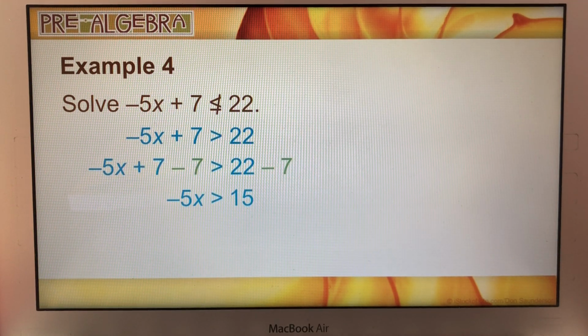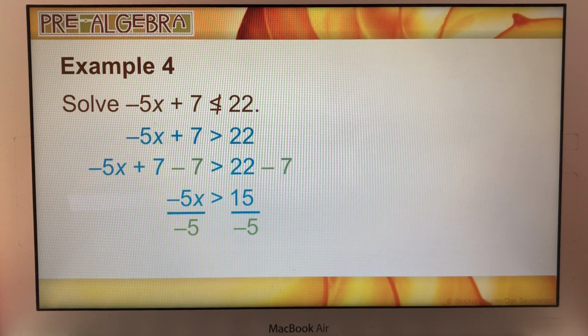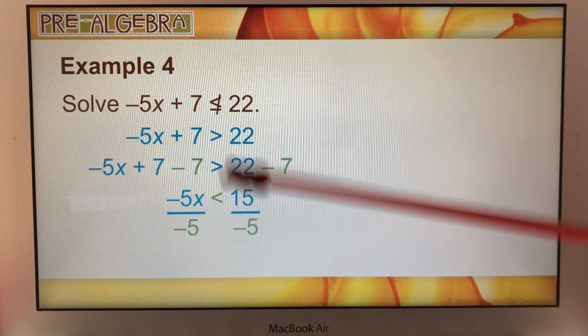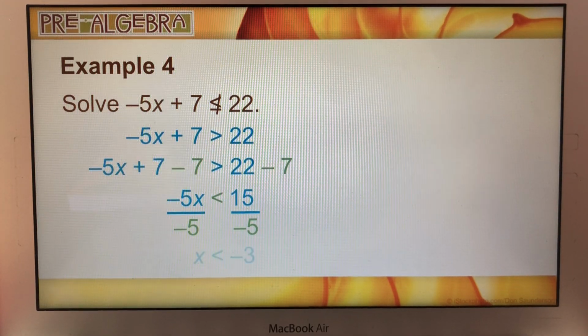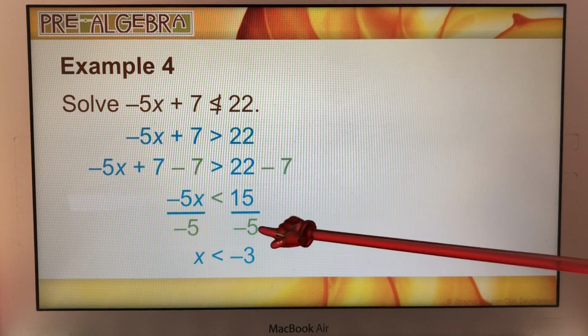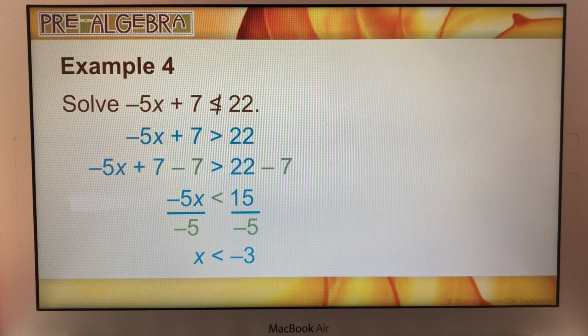Then I'm going to divide by negative 5. And remember, when we divide by a negative number, our sign flips over again. So now x is less than 15 divided by negative 5, which is negative 3.